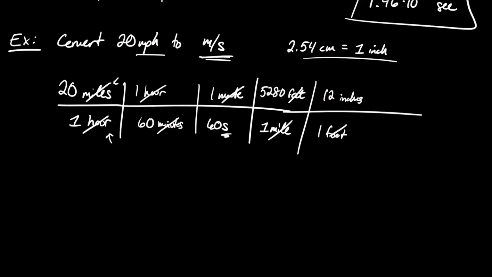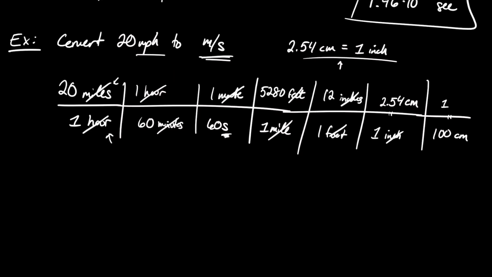Okay, feet have canceled, we're now at inches, we're really close. Now it's time to use this and hop over into centimeters. All right, 1 inch is the same thing as 2.54 centimeters. And now home stretch, we're at centimeters, we want to convert to meters. We have 100 centimeters, so 100 little guys, in 1 meter.